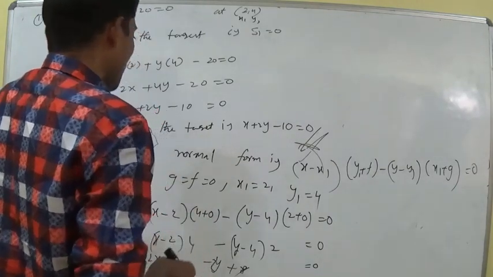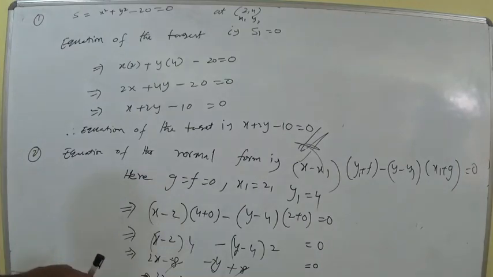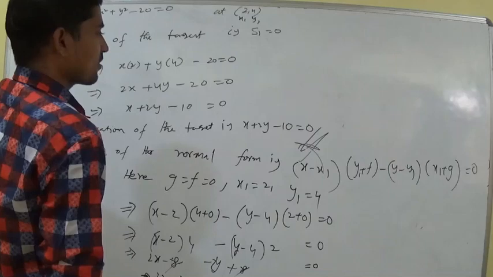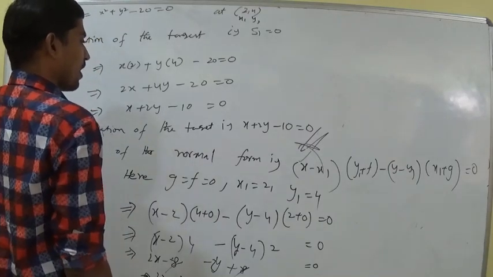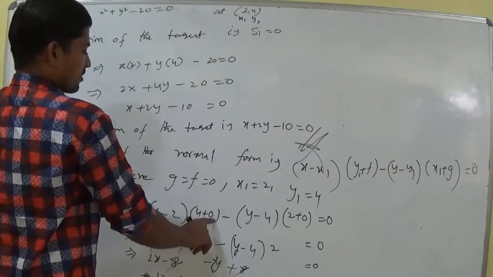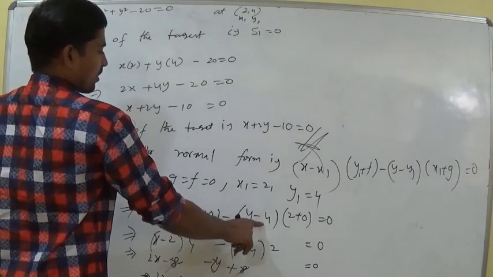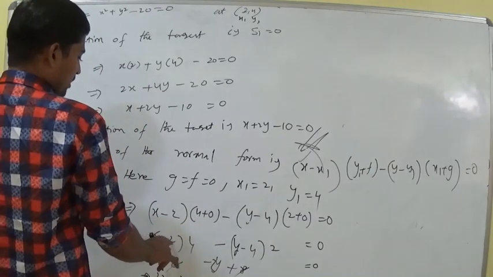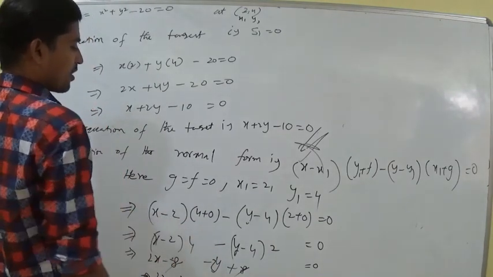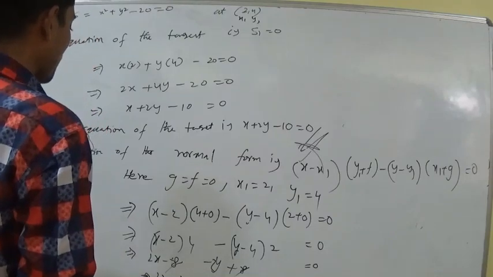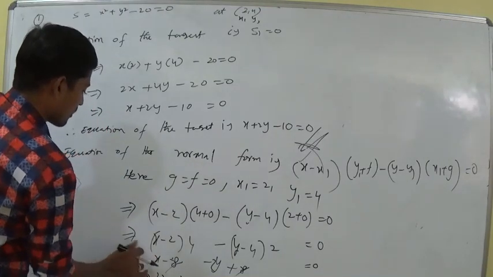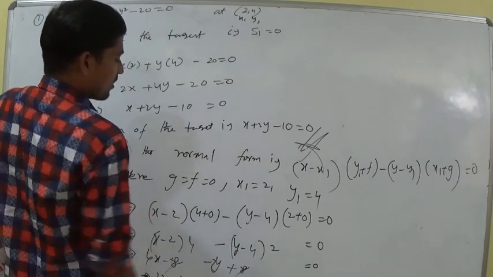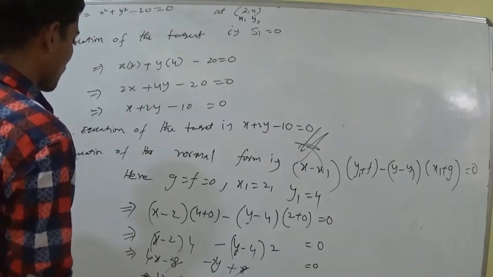See, x minus x1 and y minus y1, y1 plus f and x1 plus g equal to 0, and then this is (x - 2)·4 and (y - 4)·2, so 4x - 8 - 2y + 8 = 0.